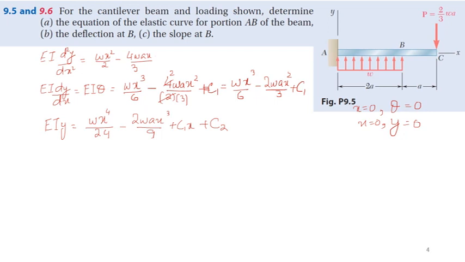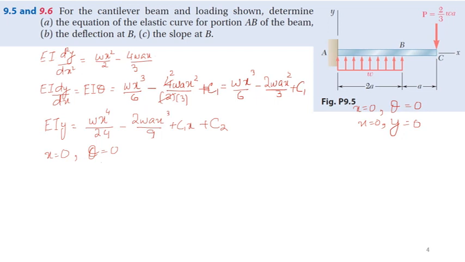Putting the first condition, that x is equal to 0, theta will equal 0. So in the slope equation, the value of C1 will be 0.